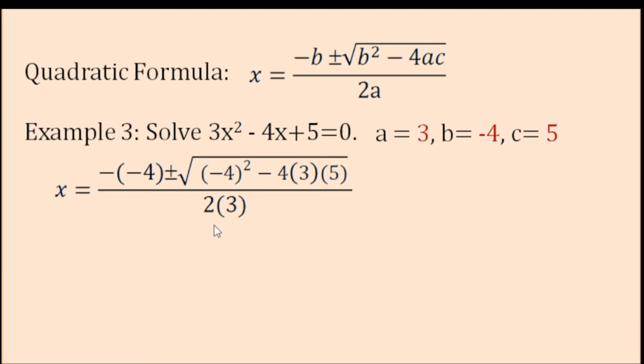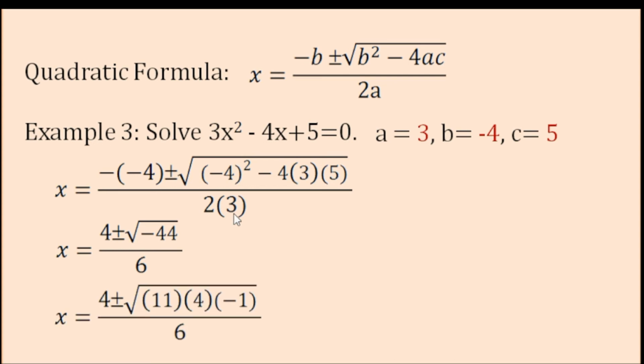Now simplifying furthermore, this is what we get, because negative of negative 4 is 4 plus and minus square root of negative 4 squared is 16 minus 4 times 3 times 5, that's 60. So 16 minus 60 gives us negative 44, and then denominator 2 times 3 is 6.